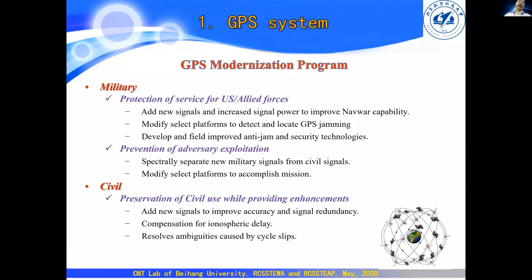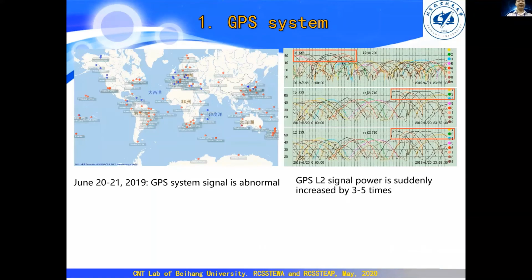I want to talk about something interesting for GPS. This is what happened on June 20 to 21, 2019. You may find that the GNSS signal globally was abnormal.